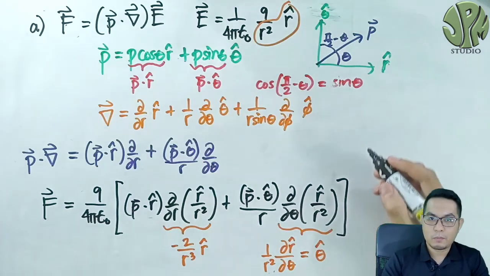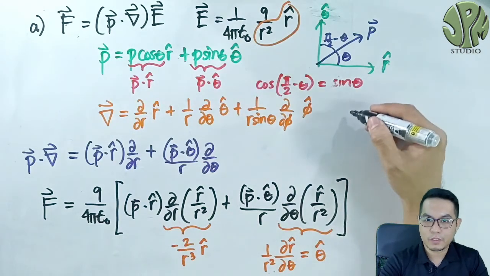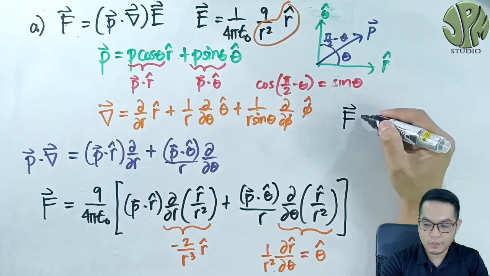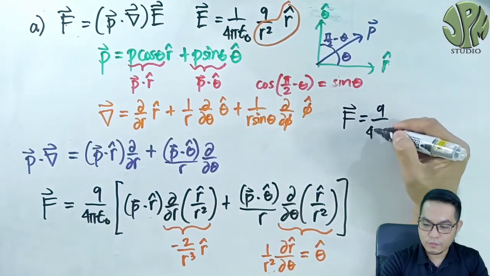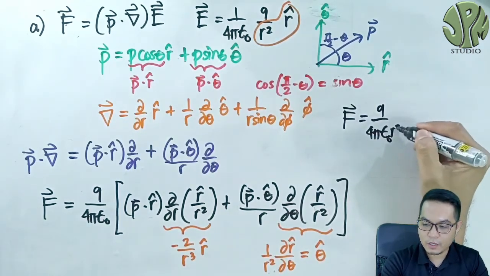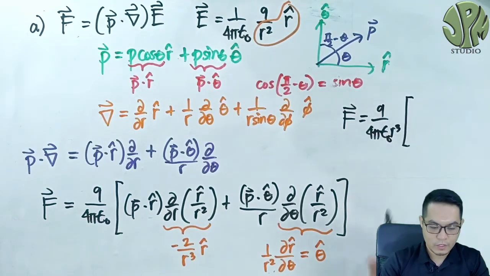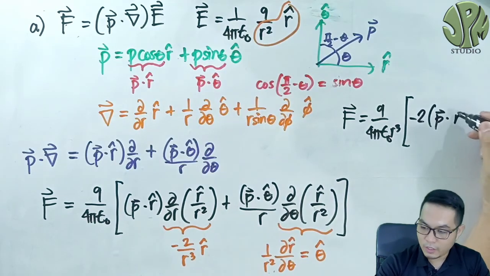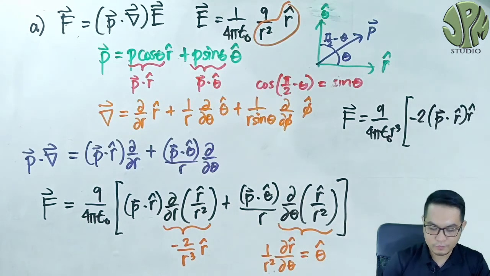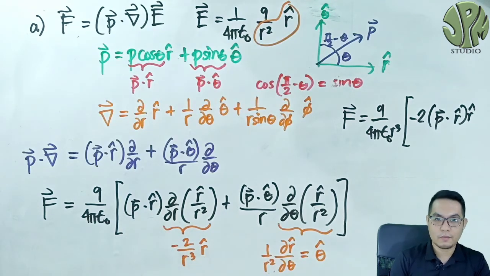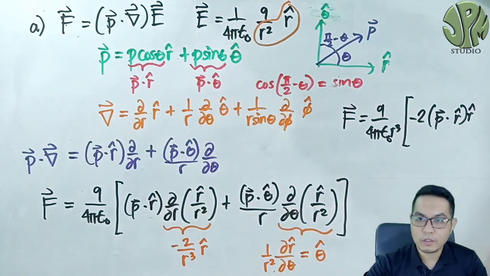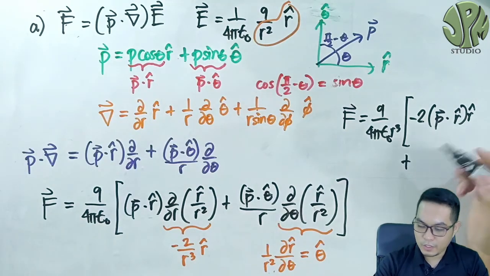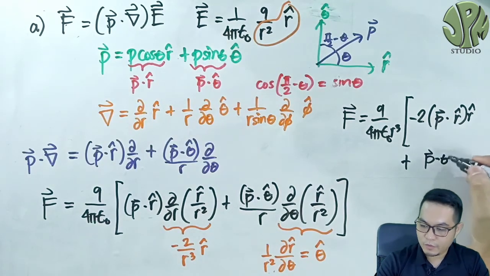So the force will now be q over 4 pi epsilon naught r cubed, and then there will be negative 2 p dot r hat, plus p dot theta hat.